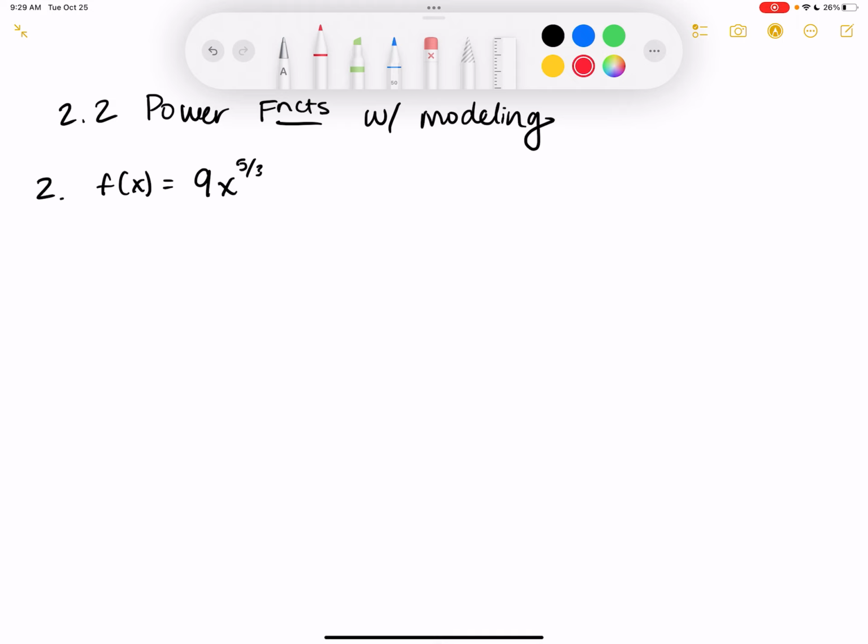So then what's the power? 5. And what's the constant of variation? 9. X is a variable, X is not a number. That's why they list out which letters they're using as numbers, and the other ones you can assume are variables.